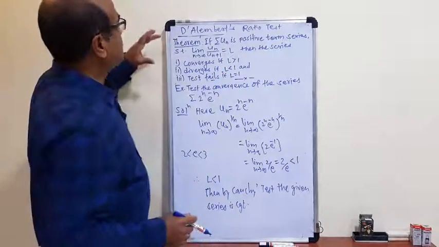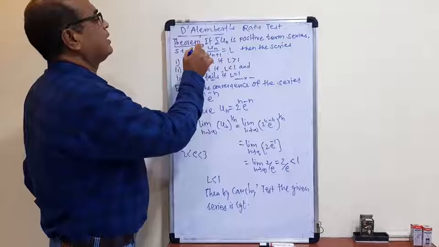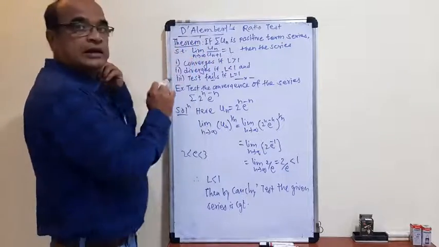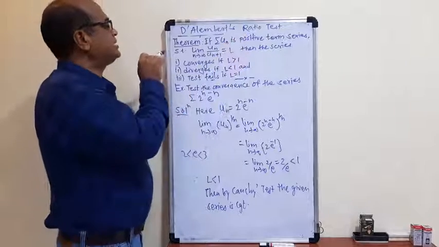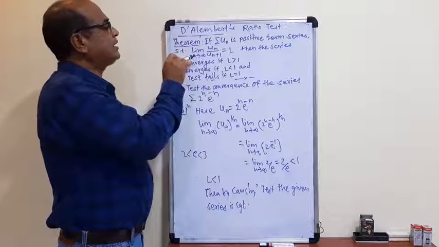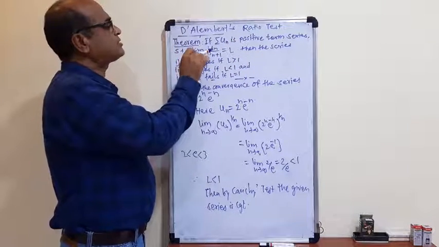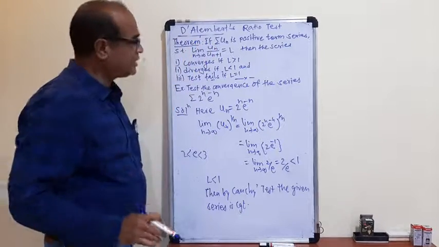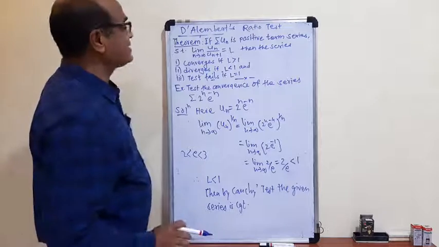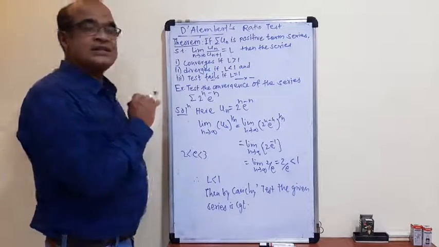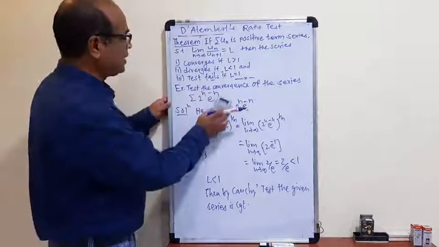So again, repeat the D'Alembert ratio test. If un is a positive term series such that the limit of un upon un plus 1 is equal to L, then the series converges if L is greater than 1, diverges if L is less than 1, and the test fails if L is equal to 1.